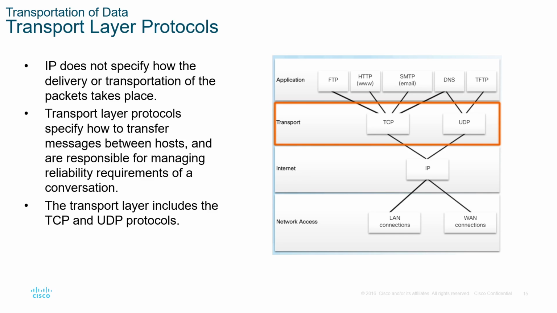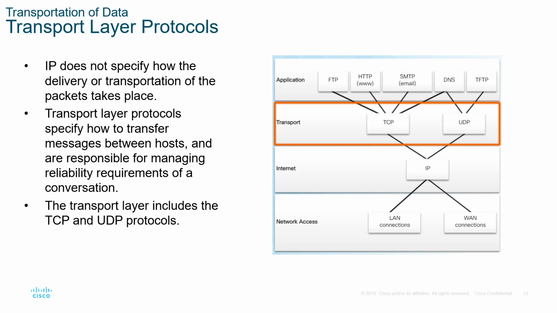Transport layer protocols we've just discussed. There's two, TCP and UDP. It ties them together right here. You can see FTP, HTTP, SMTP, all TCP applications. They use and rely on TCP. DNS relies on both.